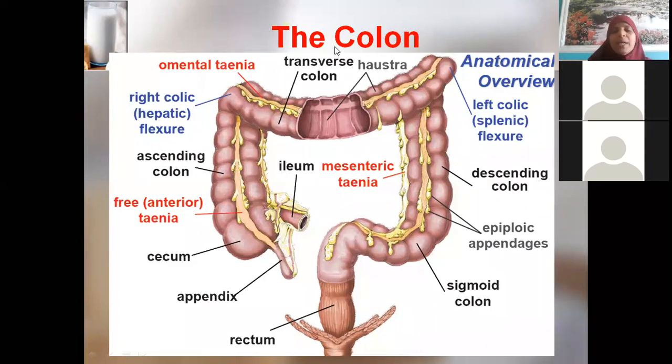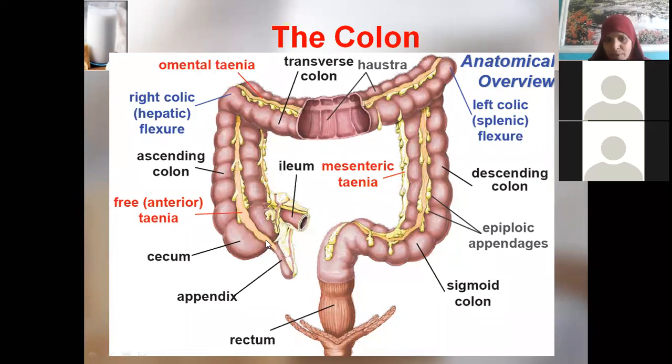As I told you in previous classes, the greater omentum is the fold of peritoneum hanging from the stomach; it covers the transverse colon to continue its journey as the transverse mesocolon. That means this part of the taenia is facing the omentum, which is why it is called the omental taenia.